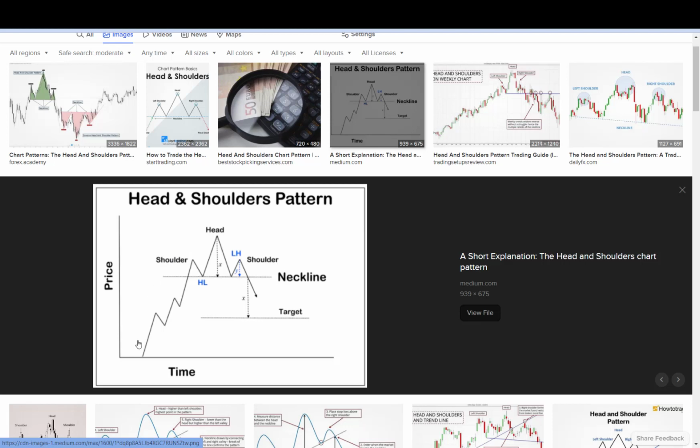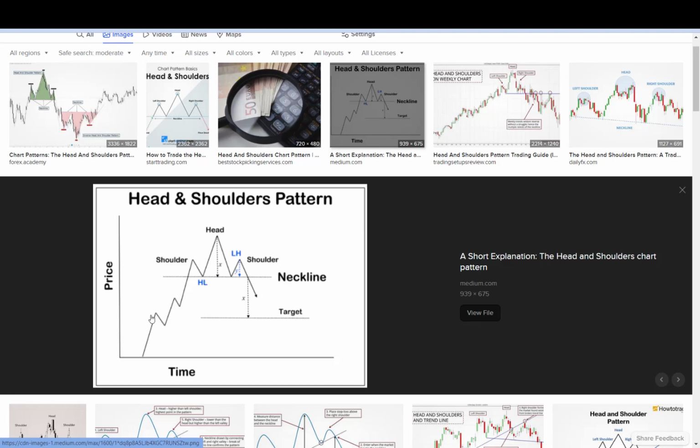You can see, as I've said in my previous videos, that an uptrend is clearly indicated by formation of a sequence of higher highs and higher lows, while a downtrend is formed by a sequence of lower highs and lower lows.